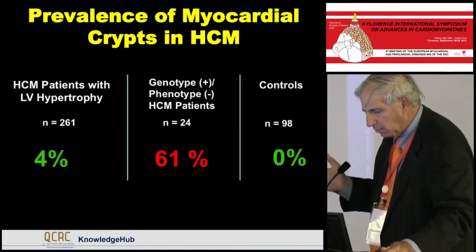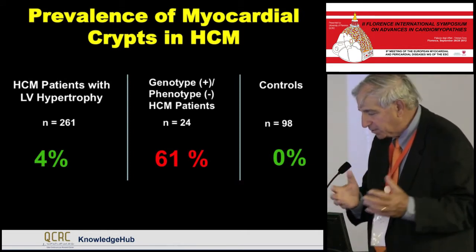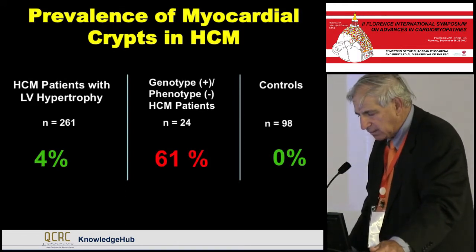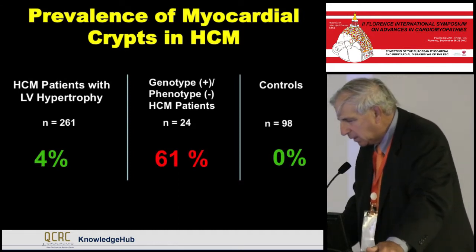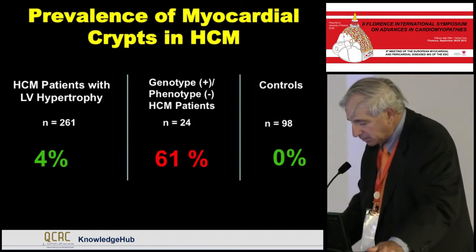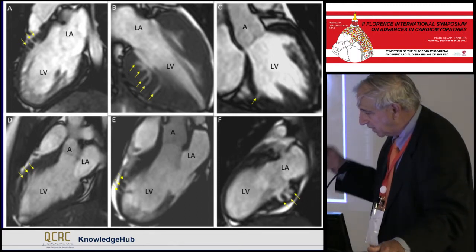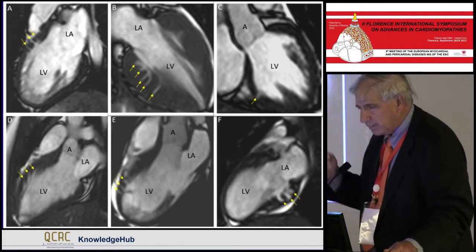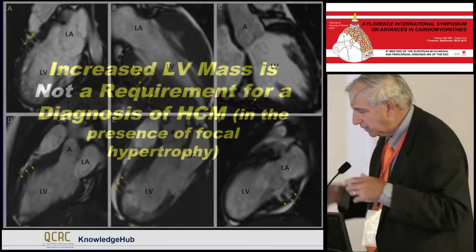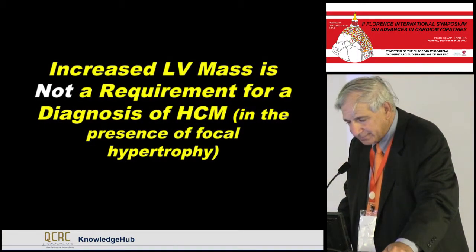So we know that's the case. We have a separate group of patients that are genotype positive, phenotype negative, and the crypts are very common. That would mean that in the absence of genetic testing, the crypt formation that I showed you here could be a clue to the diagnosis of an affected individual with hypertrophic cardiomyopathy in a family when perhaps genetic testing will not provide the answer, which is not uncommon.